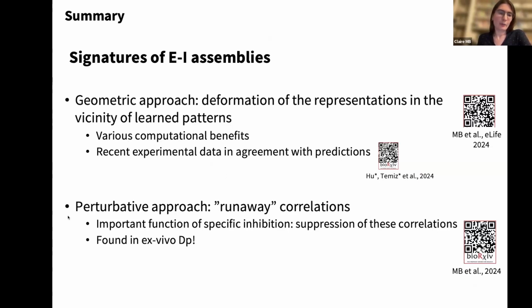And the second is the perturbative approach, where we see the emergence of runaway correlations. An important function of this specific inhibition would be to suppress this correlation. And we found these correlations in ex vivo DP.